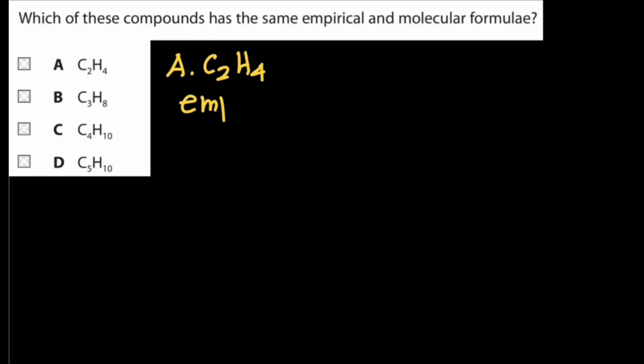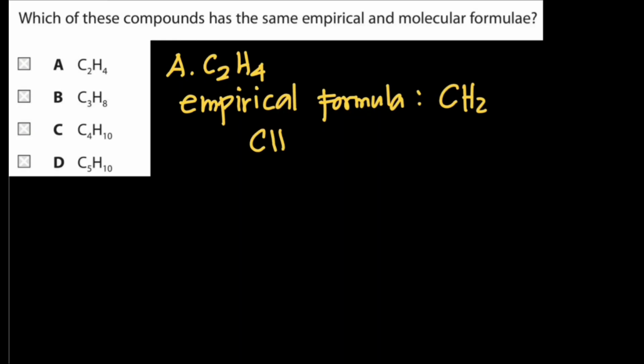Therefore, the empirical formula for this is just CH2. And CH2 is not the same as the given molecular formula here, which is C2H4. Therefore, letter A is not the answer.